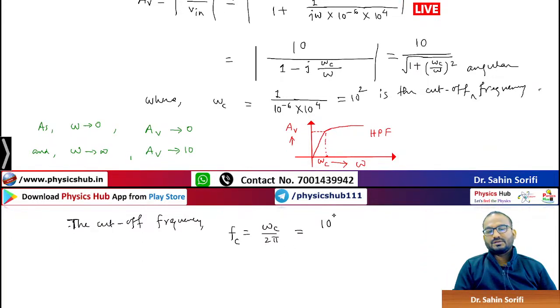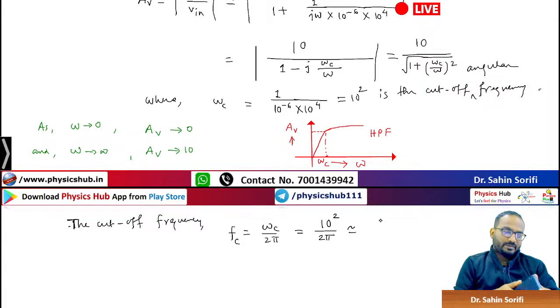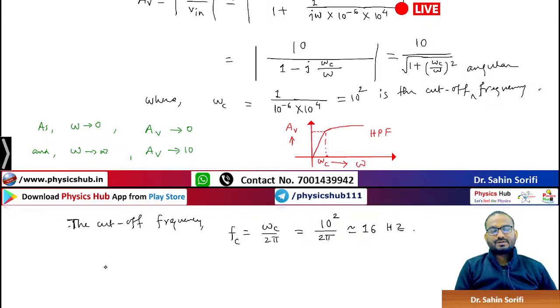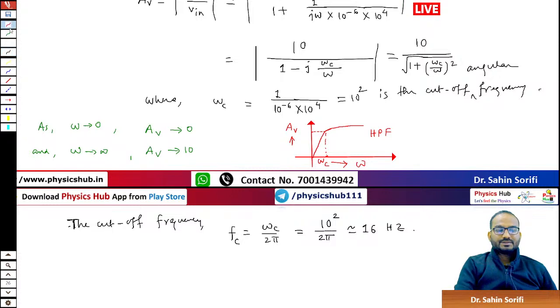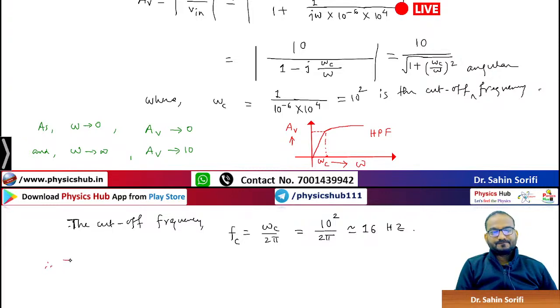So omega c we have got 10 square by 2 pi. If you calculate, 10 square by 2 pi, 100 by 2 pi, you get approximately 15.92, which means approximately 16 hertz.